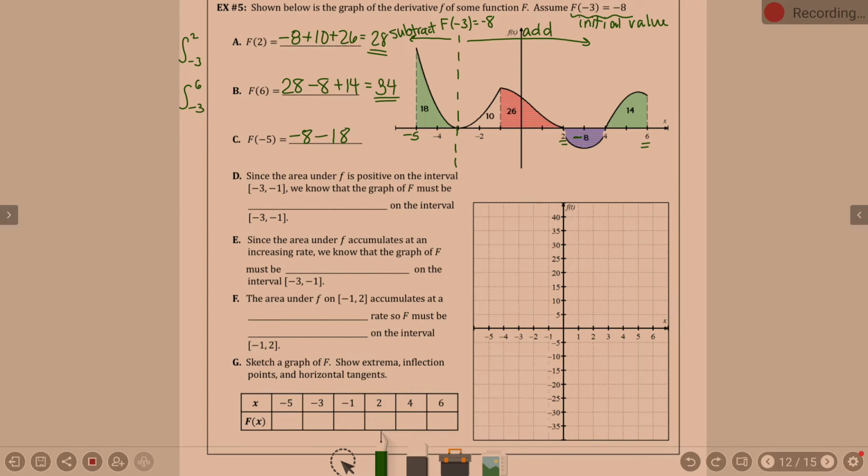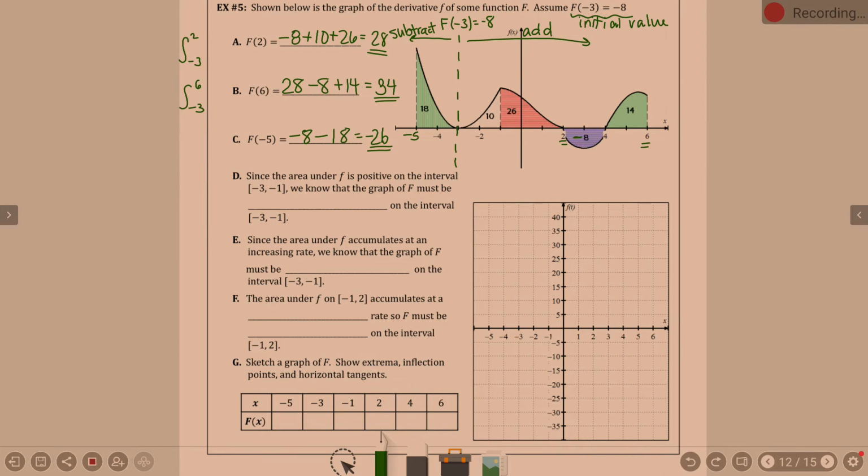I'm subtracting 18 because I'm going left. Okay? Just like typical math, you go left, you subtract, you go down, you subtract. You go right, you add, you go up, you add. -8 minus 18 is -26, I believe. Okay, did we catch on there? I know it's a little different, but okay.